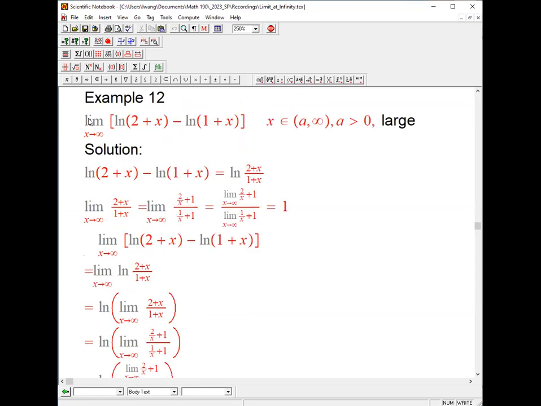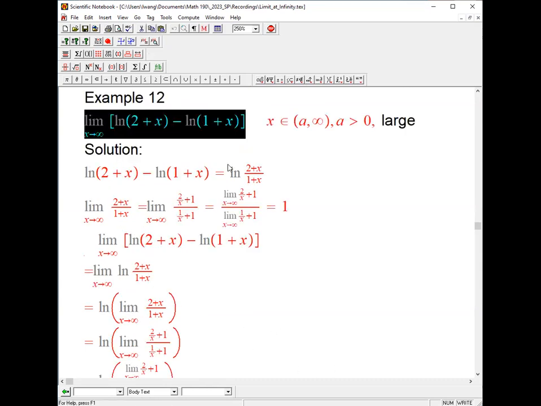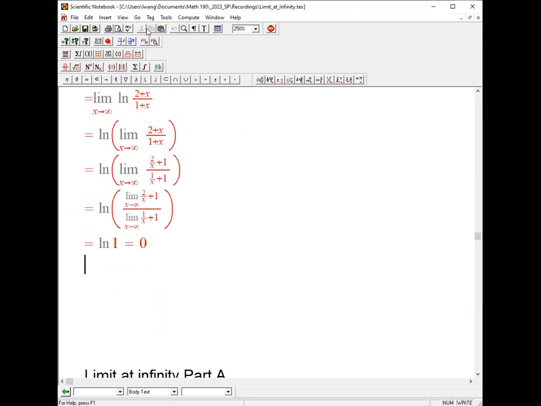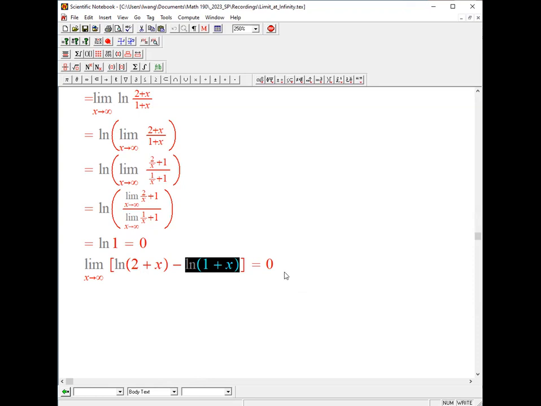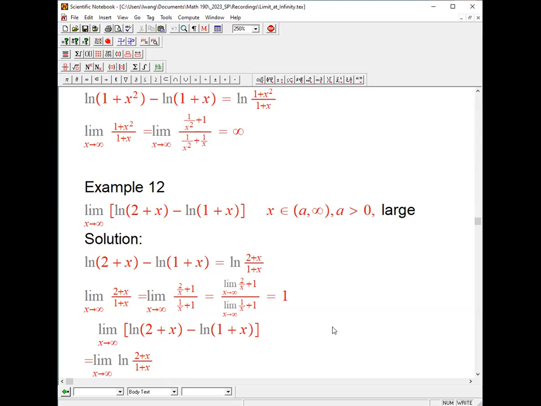Okay, so in the end, when you look at this question, this equals 0. As x approaches positive infinity, this piece approaches positive infinity, this approaches positive infinity, so positive infinity minus infinity, and we got 0. So we have seen such a situation: infinity minus infinity, is it equal to 0?